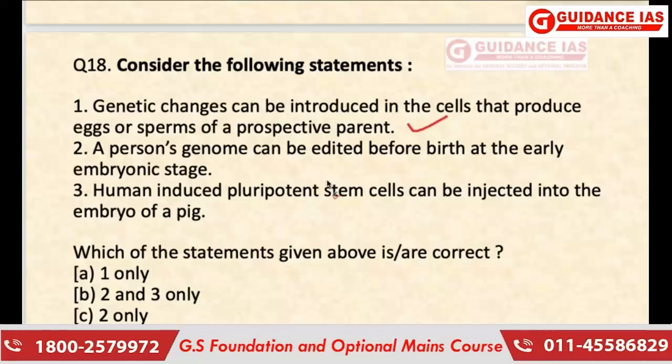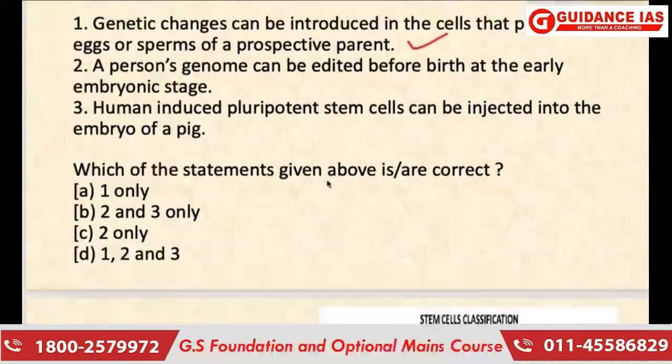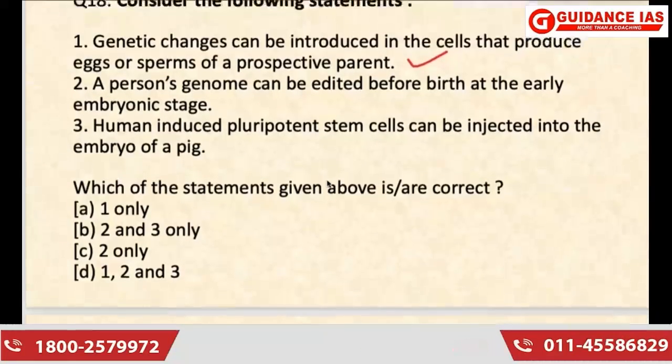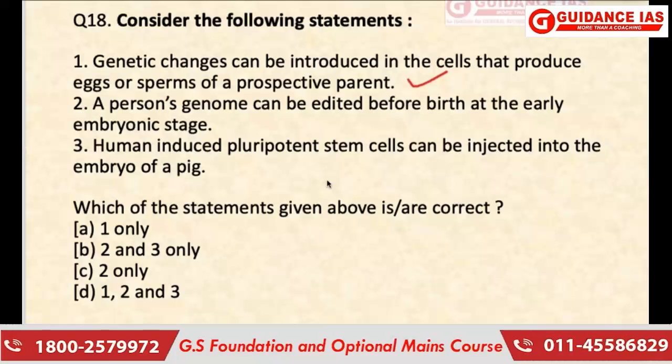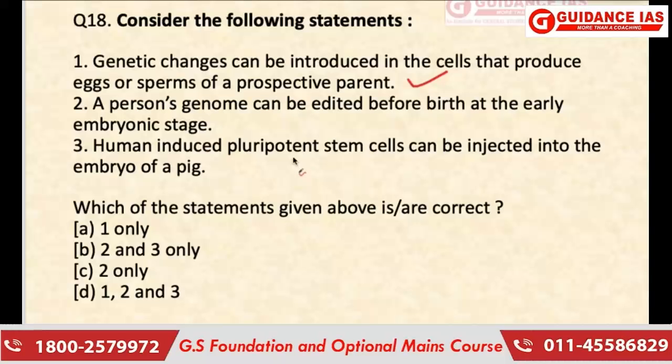The third statement says human-induced pluripotent stem cells can be injected into the embryo of a pig. Okay, for that we must understand what are pluripotent stem cells, and before pluripotent we must understand stem cells क्या होते हैं.